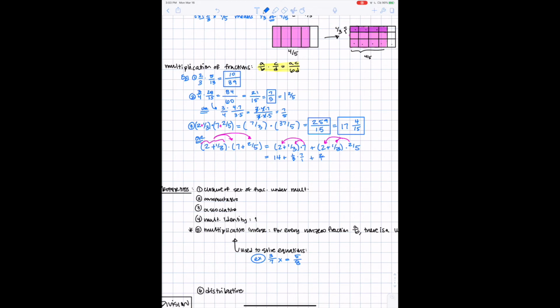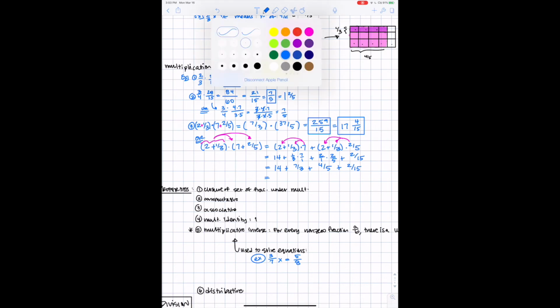And this is really 2 over 1 times 2 over 5. And 2/5 times 1/3 is 2/15. And then let's simplify this a little bit. So I have 14 plus 7 over 3 plus 4 over 5 plus 2 over 15.